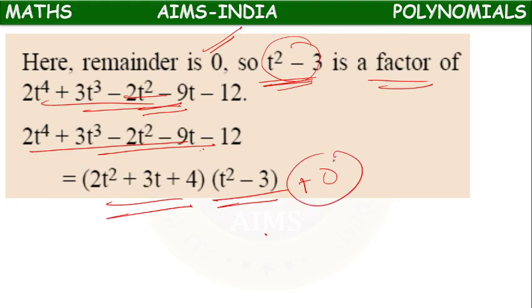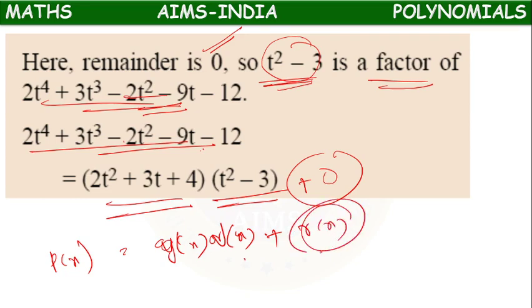0 remainder. So dividend p of x equal to divisor g of x into quotient q of x plus remainder r of x. But here remainder is 0. So that's why dividend can be written as product of divisor and quotient.